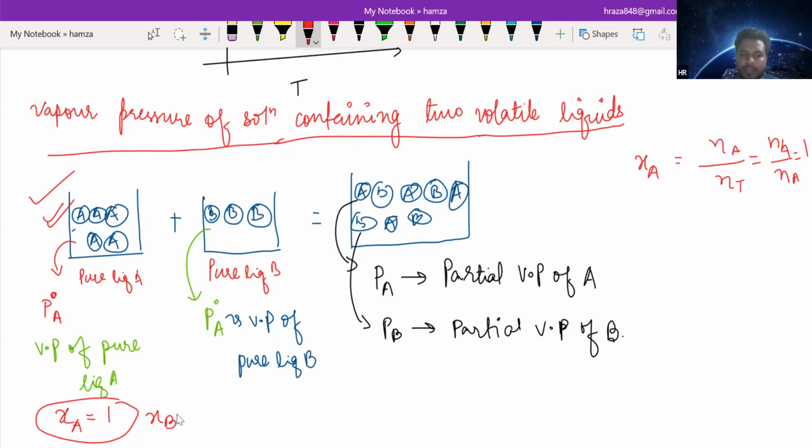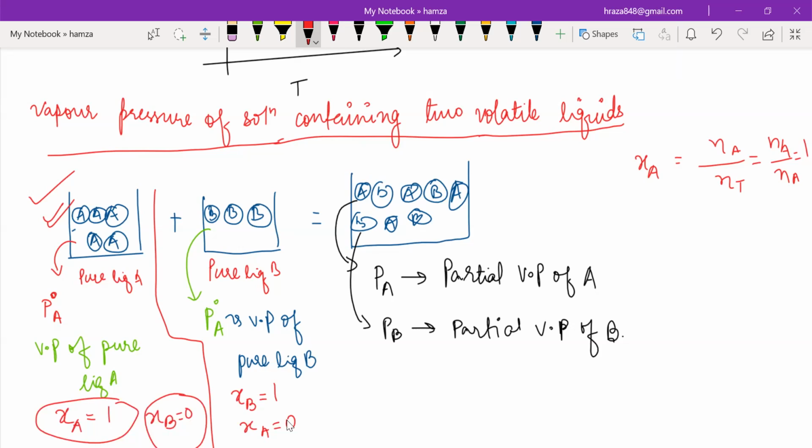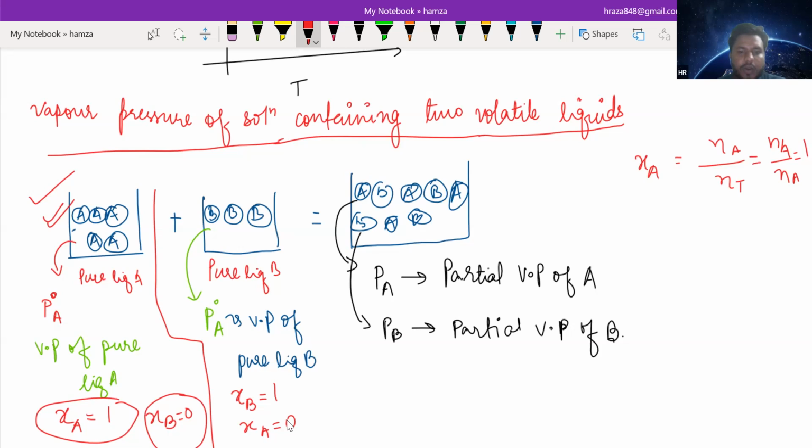For the B container, the mole fraction of B will be 1 and the mole fraction of A will be 0. Okay, sir. So please write it, and then we will introduce Raoult's law on this, which is very important.